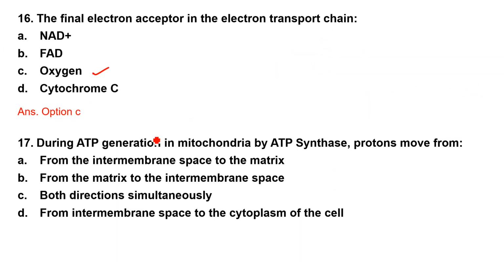Now tell me this answer. During ATP generation in the mitochondria by ATP synthase, from which side does the proton move? Read the question carefully: ATP generation by ATP synthase. Option A? Any other answer?